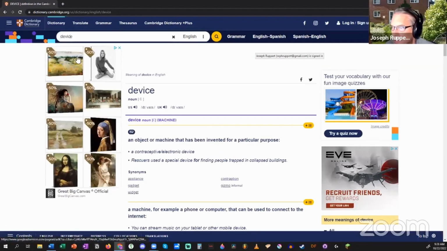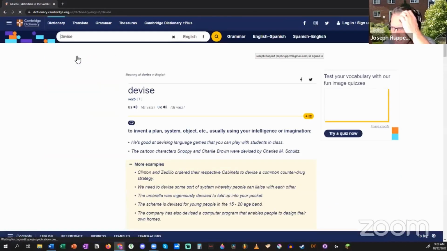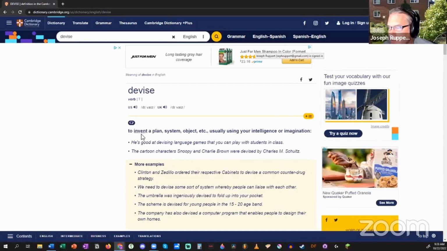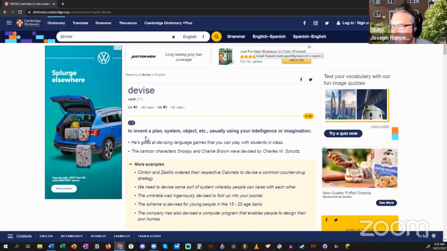Now, when I change the spelling, an S in for the C, devise is our verb. Look at this, we have the word invent again. To invent a plan, system, object, usually by using your intelligence or imagination. So to invent something.